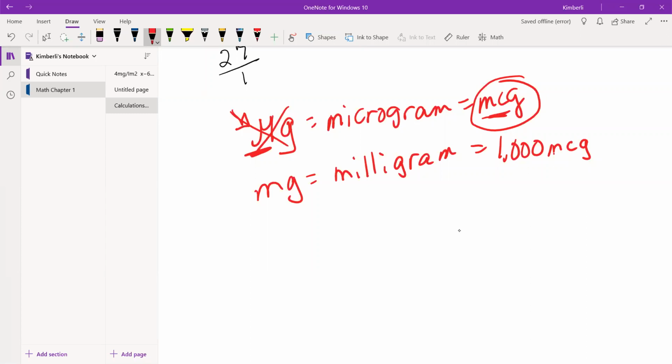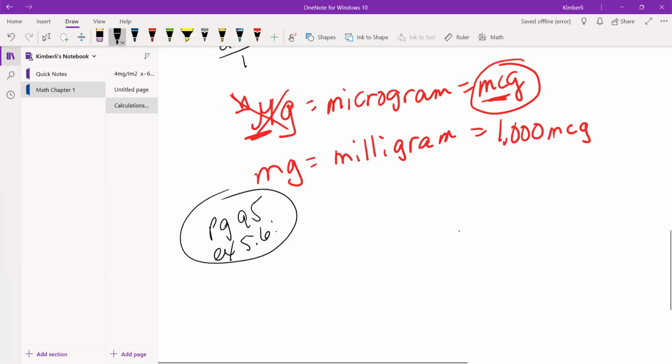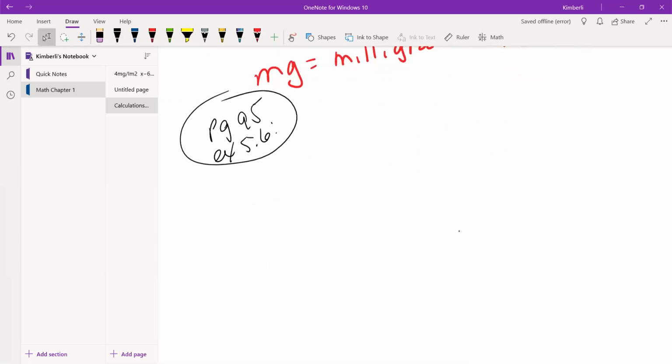So looking on page 95 at example 5.6, it says moving the decimal or multiplying. Okay, so your example is 1.2 liters equals how many milliliters?